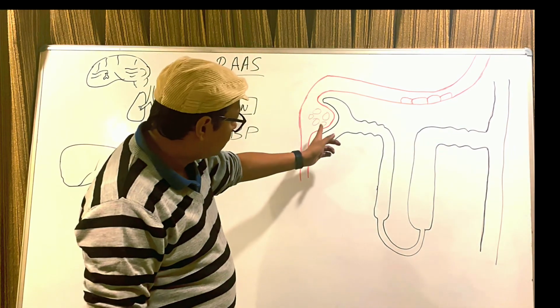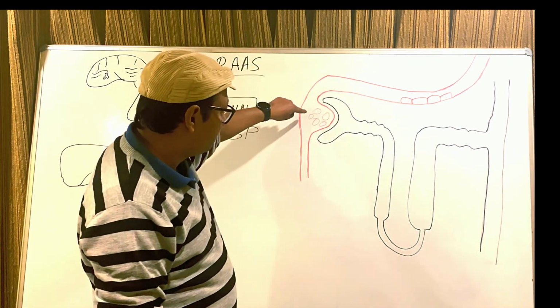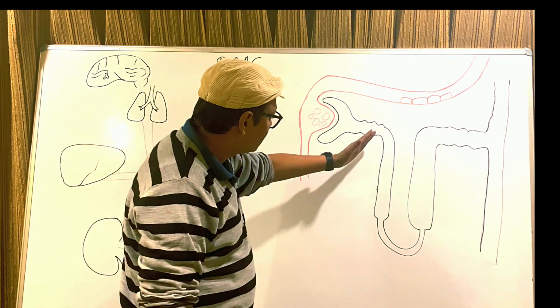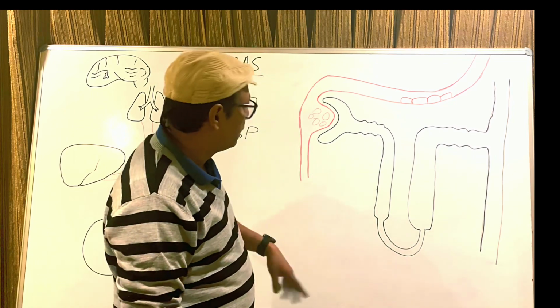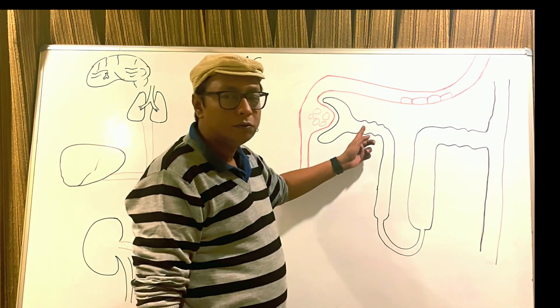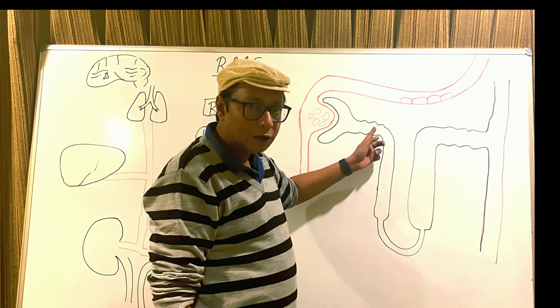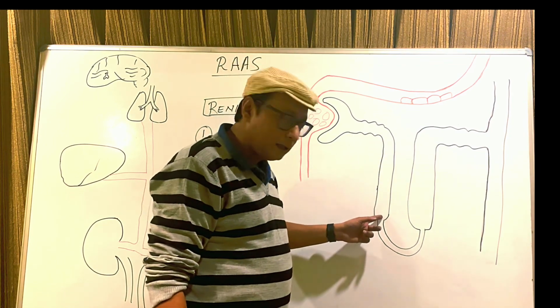So let us review the pathway of urine. The afferent arteriole brings blood, goes to the glomerulus, there the filtration takes place and it exits to the efferent arteriole. Now the filtrate reaches the Bowman's capsule, then progresses towards the proximal convoluted tubule, then through the descending limb of the loop of Henle.